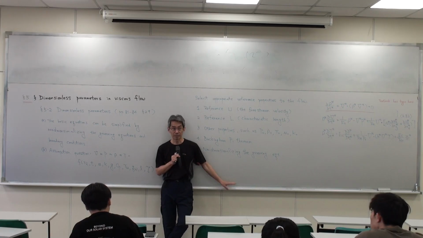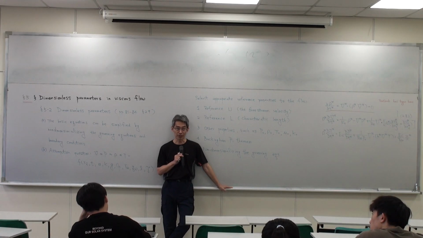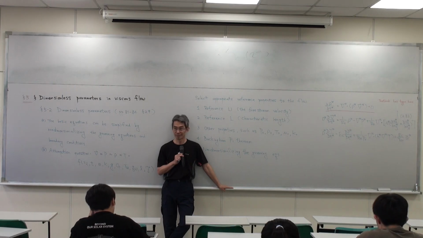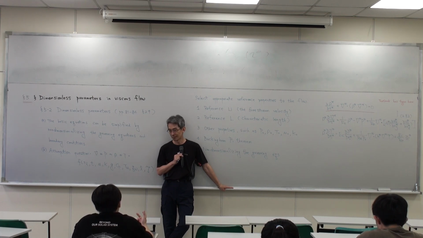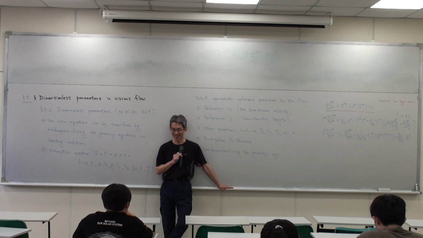Another advantage, I think, is commonly taught in your undergraduate. When we have the dimensionless equation, we can do dynamic similarity or something. So what does it mean? Dynamic similarity is like a force similarity.